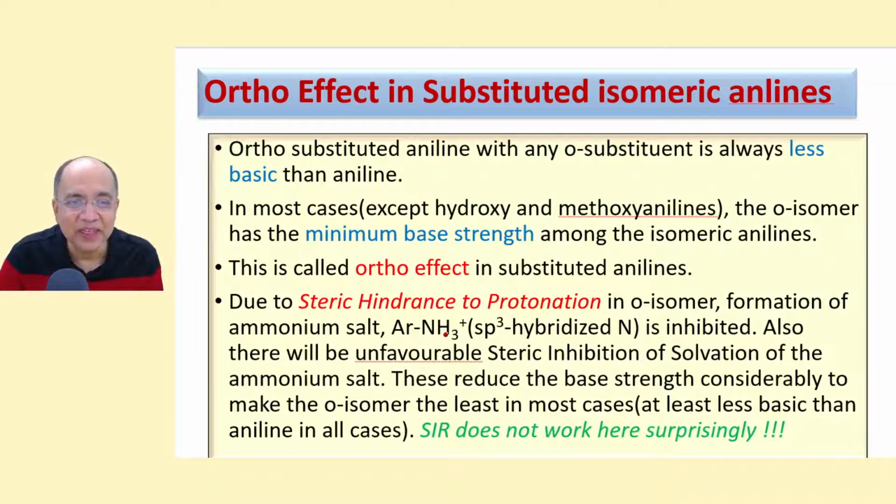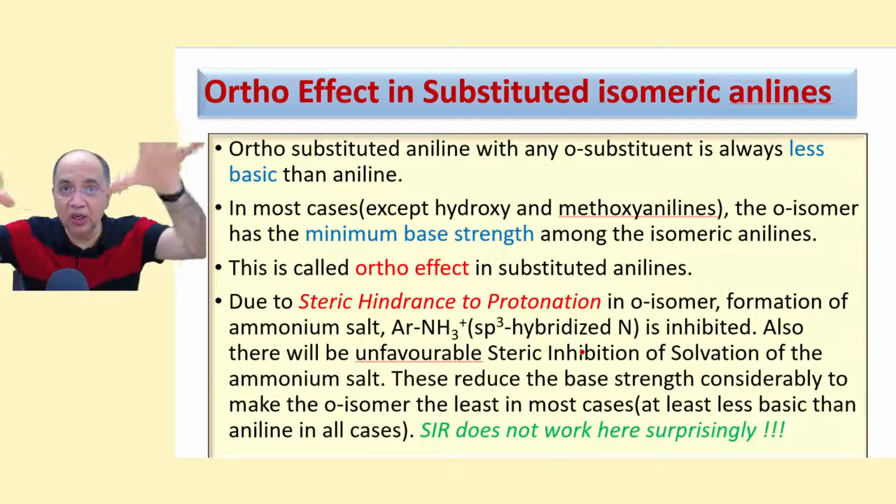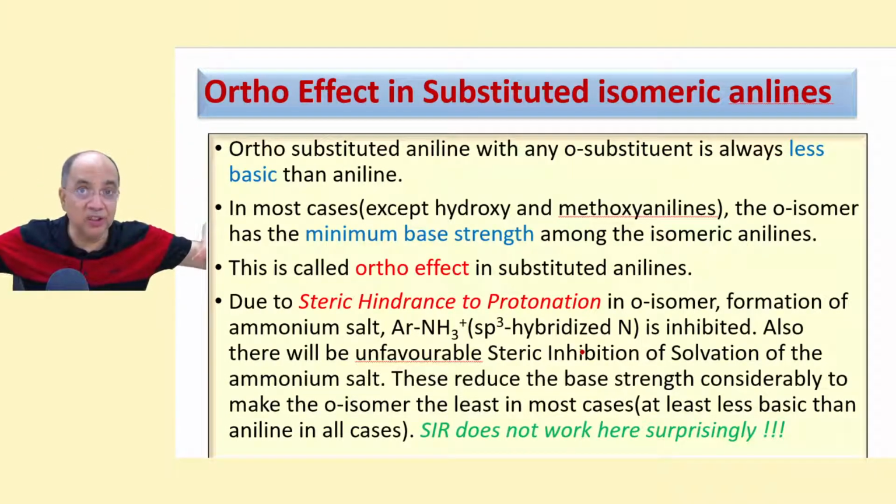We'll see that. This is ortho effect due to steric hindrance to protonation in ortho isomer, formation of the anilinium ion, in which nitrogen is sp3 hybridized, while in aniline nitrogen is sp2 because it is conjugating. So from sp2 it would go to sp3, a lot of space it will require.